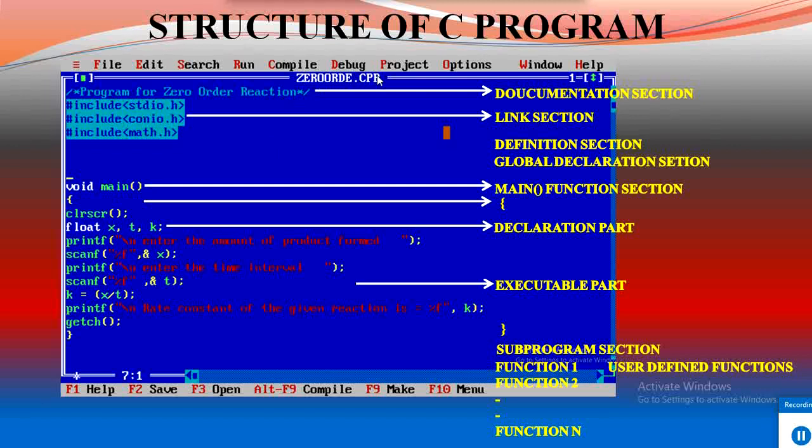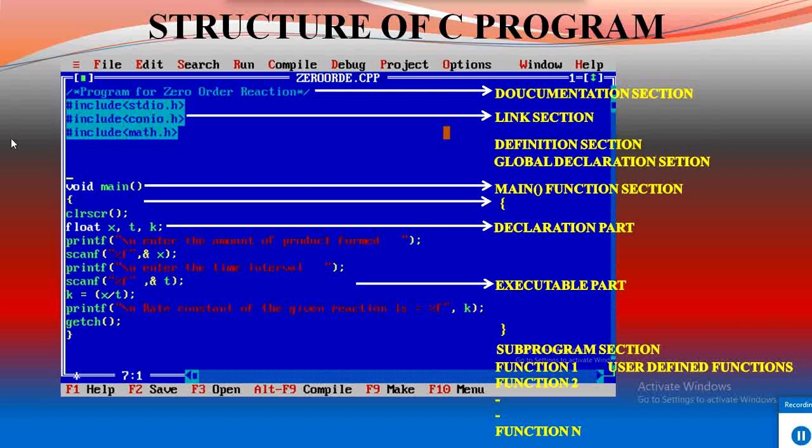It is also called header files. Here we can see include stdio.h, include conio.h, include math.h. These files contain all the functions that are used in the programming. So it is very necessary to link all these libraries at the start of the program.